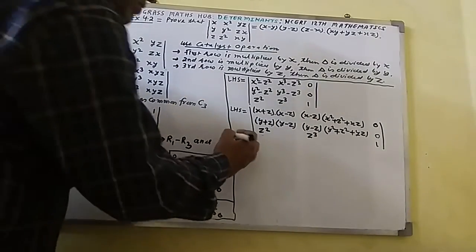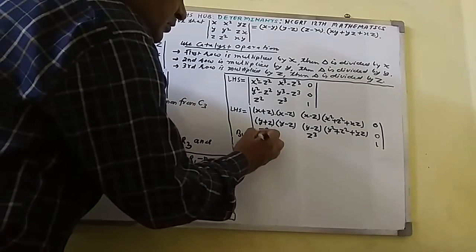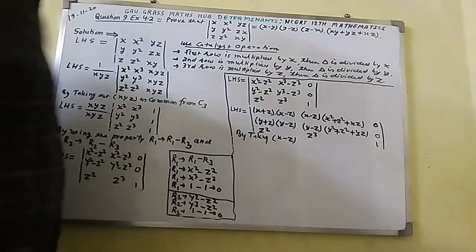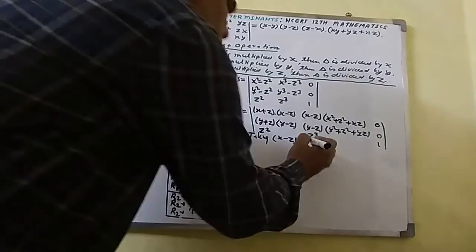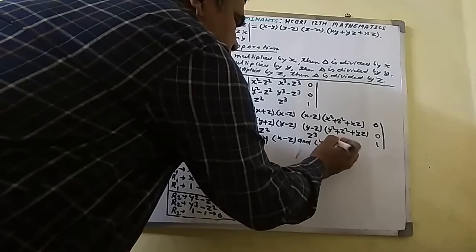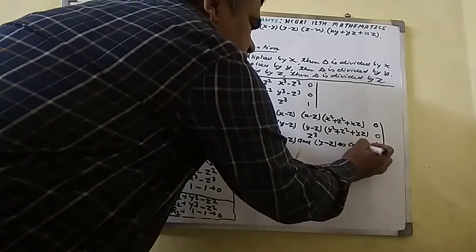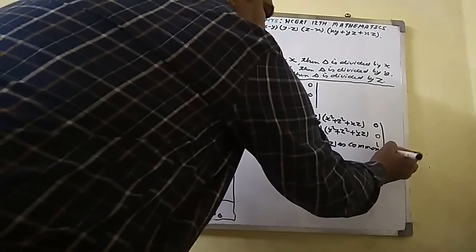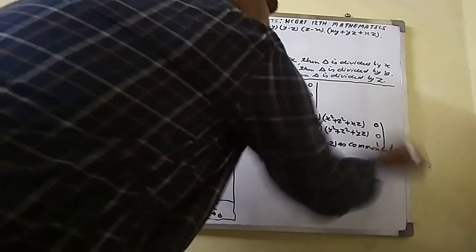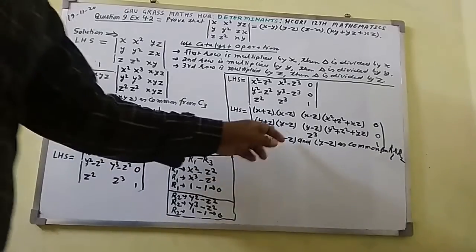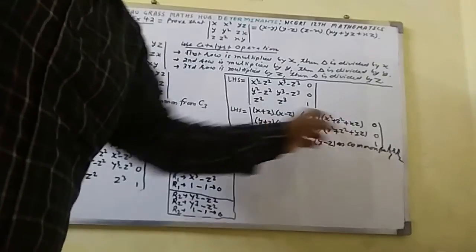So here I shall write, by taking x minus z and y minus z as common from R1 and R2, the first row and second row.